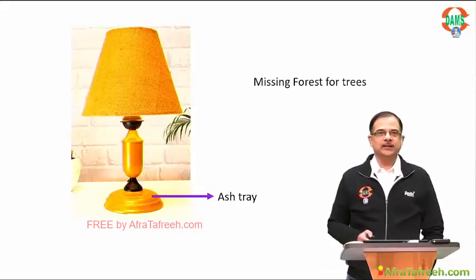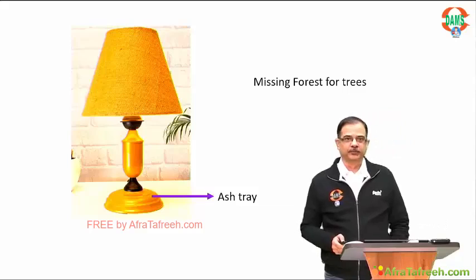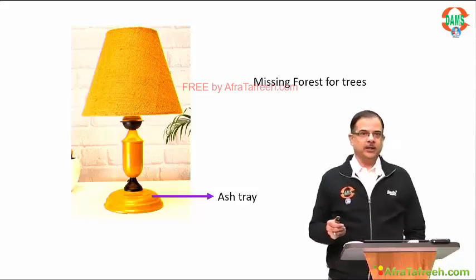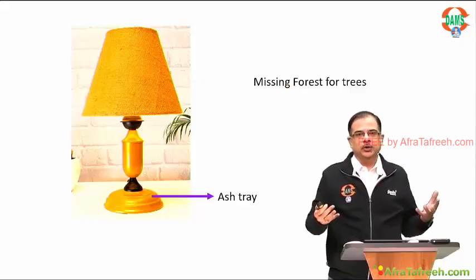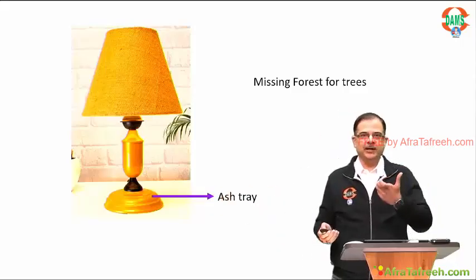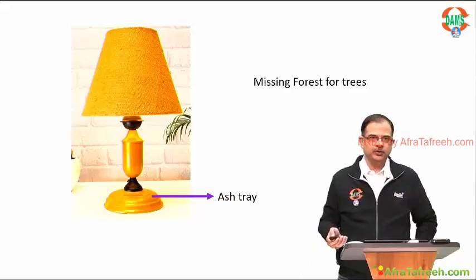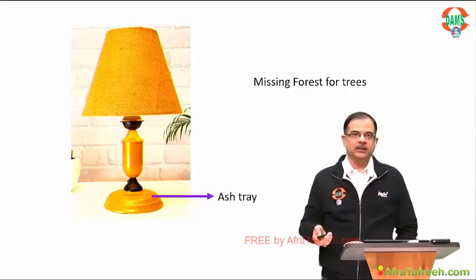This is the patient missing the forest for the trees. It means if you have to analyze a situation, analyze it in a complete picture. Do not let minute details give you the idea, and it will be wrong. This minute thing is an ashtray, and this is wrong. What is this symptom known as?